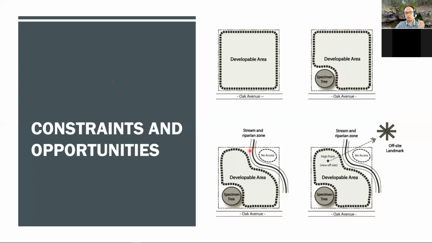And then as you progress in inventory and analysis, you conduct a hydrology analysis, and you discover that there's a stream and riparian zone that you must leave alone, that you try not to modify as best as you can, because that is a crucial drainage stream.